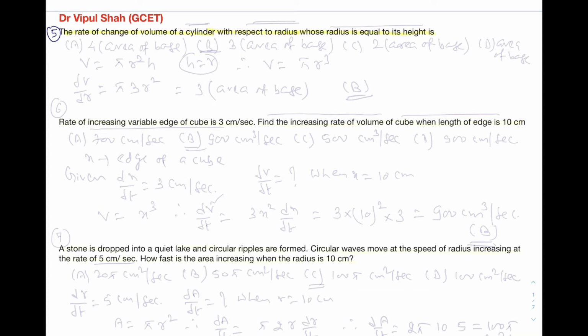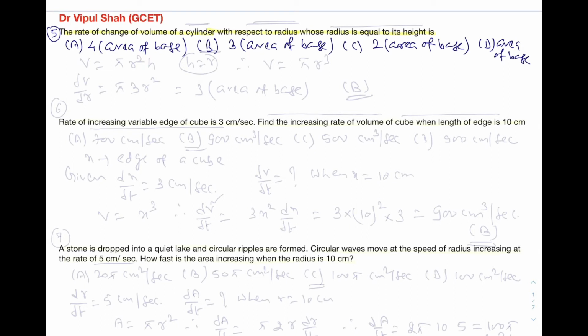Here the options are: first, 4 into area of base. Second, 3 into area of base. Third, 2 into area of base, and fourth, area of base.